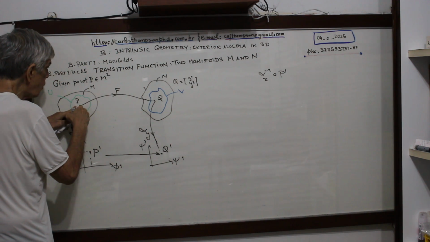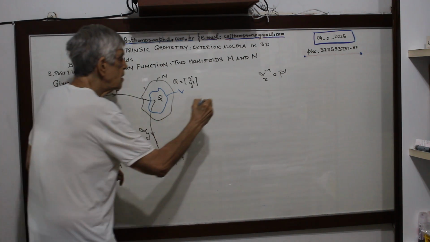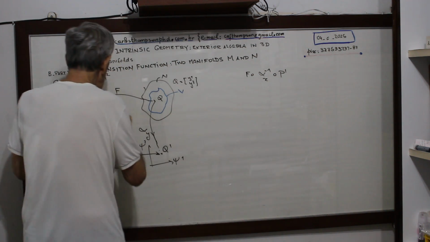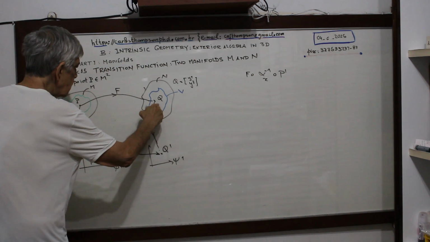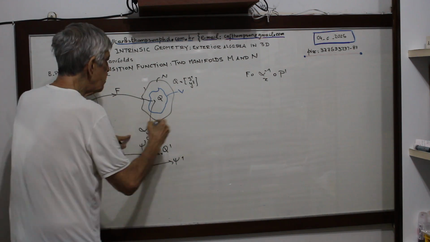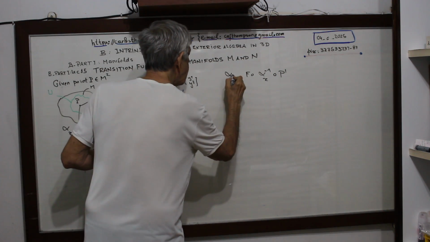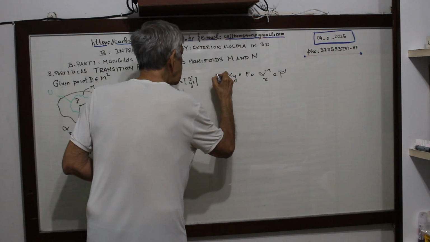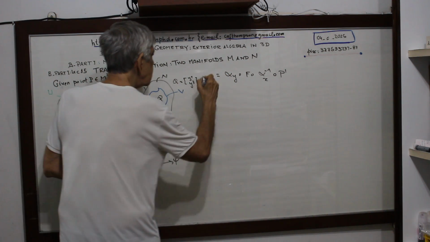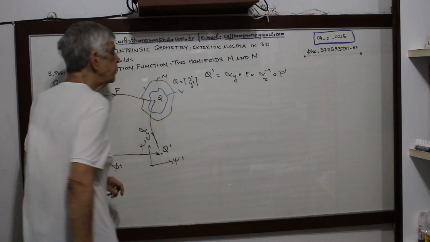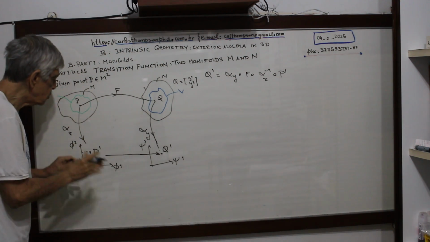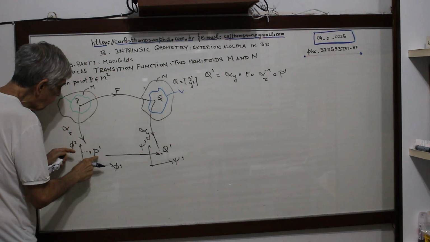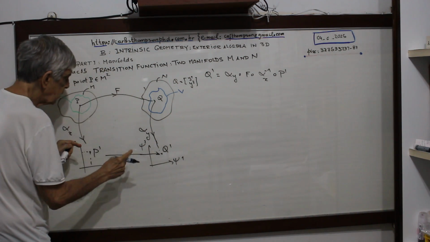Now I compose with F. So then I'm here. And now I compose with alpha y. This here gives me the point Q prime. You see, it's quite easy for you to see it. I want to go from here to here.